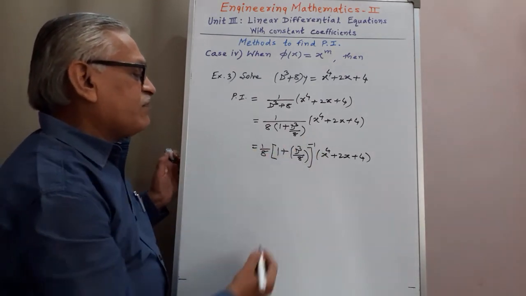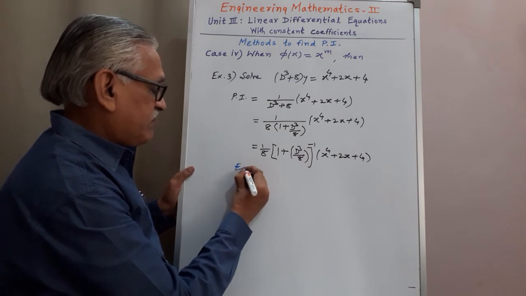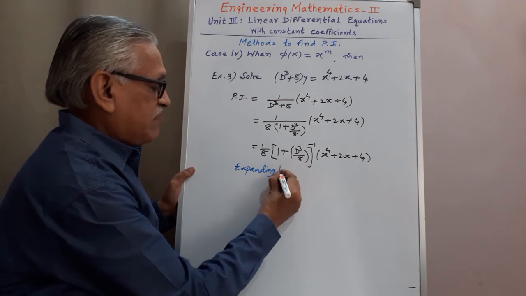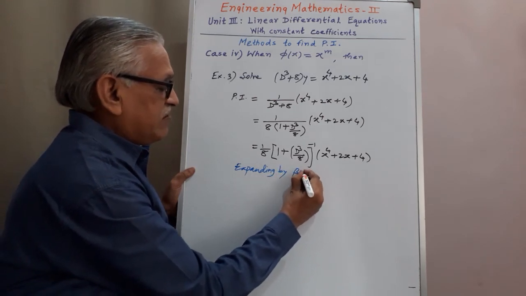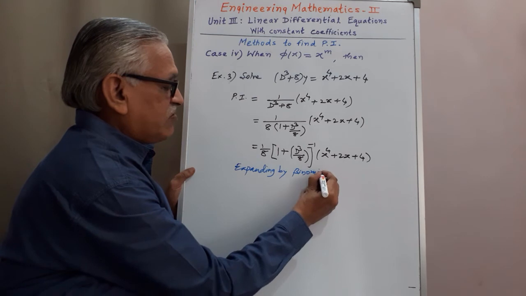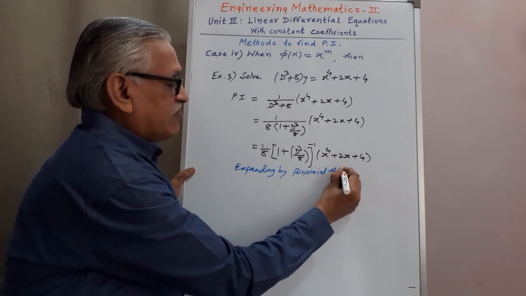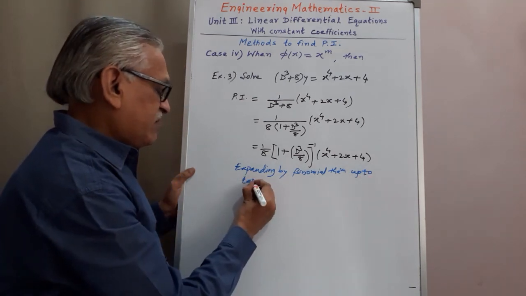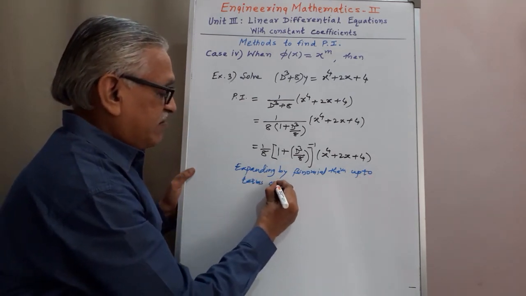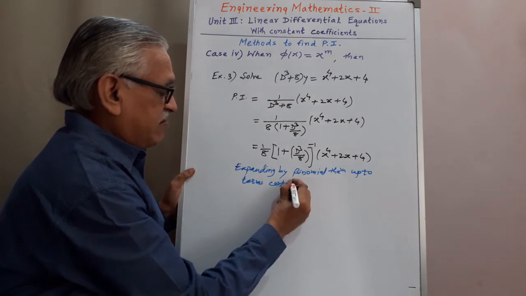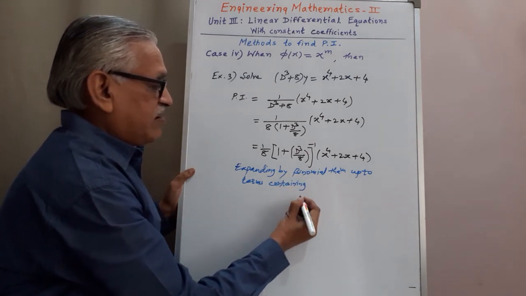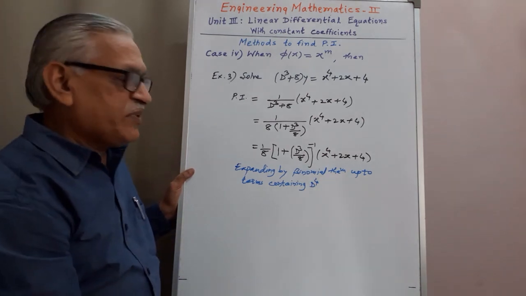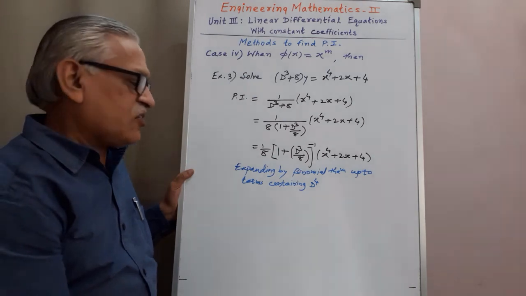Then expanding it by the binomial theorem, up to terms containing D raised to 4, meaning neglecting D raised to 5 and higher order terms.